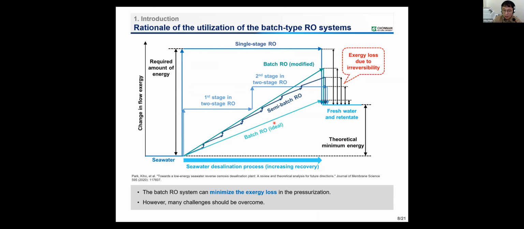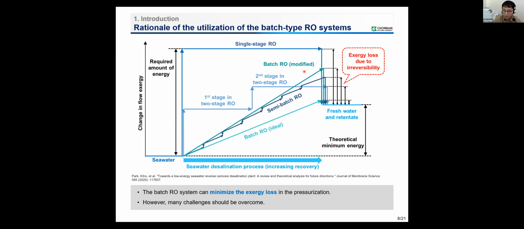As you can see, the semi-batch RO system and two-stage RO system can be effective in reducing the irreversibility compared to the single-stage RO system. And ideally, the batch RO system has the lowest energy consumption, supported by the minimization of irreversibility.